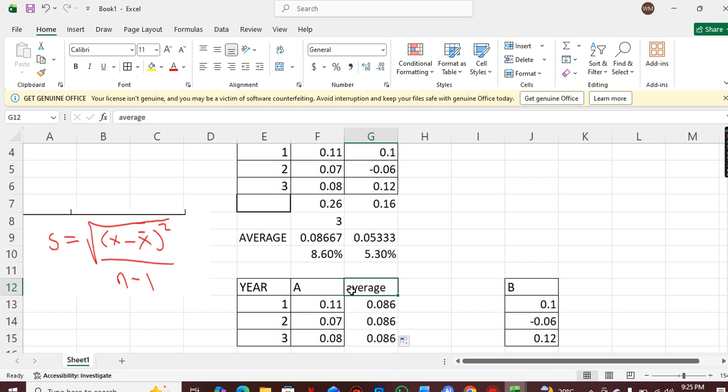Then what you're going to do is subtract the return minus the average.